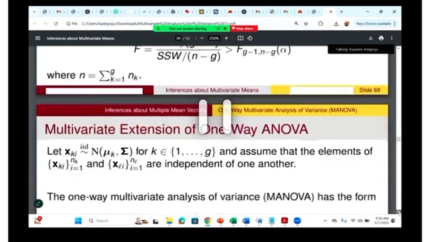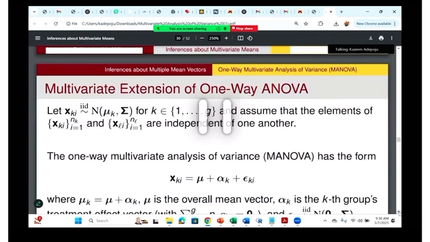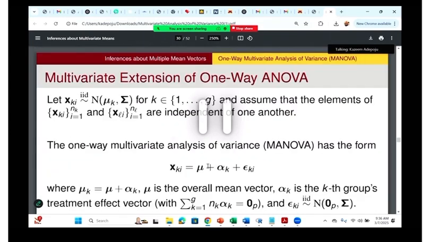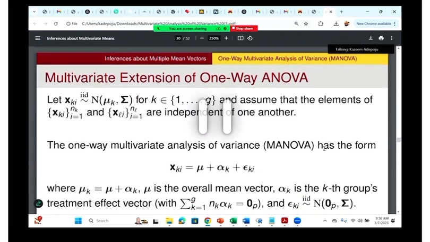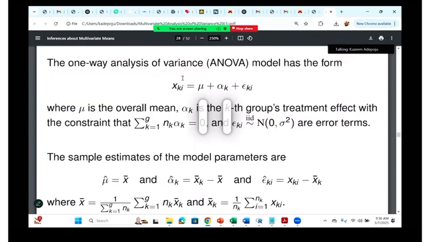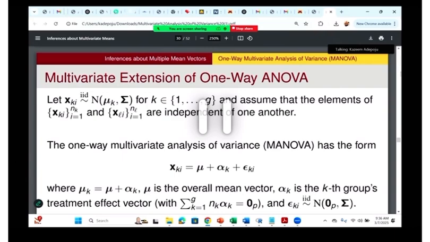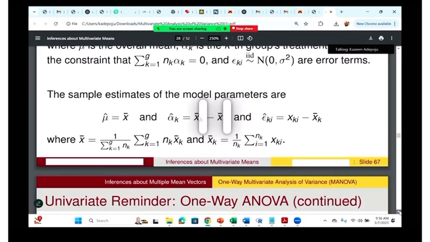If I want to extend that to multivariate, I need to take a look at the model that we have. The model still stays the same, except that I'm going to show you something now. You can see alpha_k and e_ki. If you go back, you see the same, except that here the observation is going to be a vector. This model here is going to be a vector.